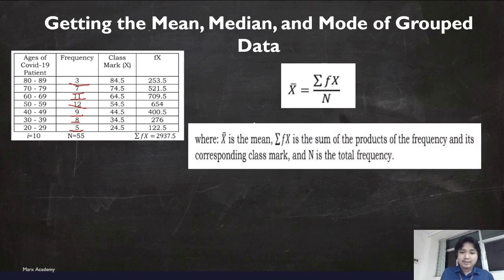X bar is the mean of the group data, and the summation of fX is the sum of the products of the frequency and its corresponding class mark. The values 253.5, 521.5, 709.5, 654, 400.5, 276, and 122.5 give a summation of fX of 2,937.5.